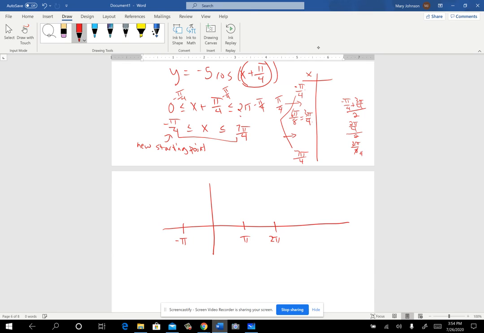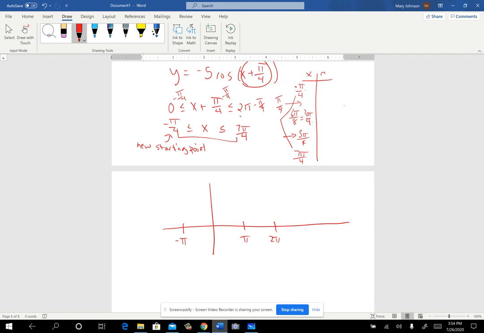And then halfway between these might be a little easier because see how it goes from 3 pi to 7 pi? You might be able to tell that that's going to wind up being 5 pi over 4. It's going to be 10 pi over 8, but it'll simplify down to 5 pi over 4. We did that because those 5 key points are where the ordinary cosine graph does its thing.